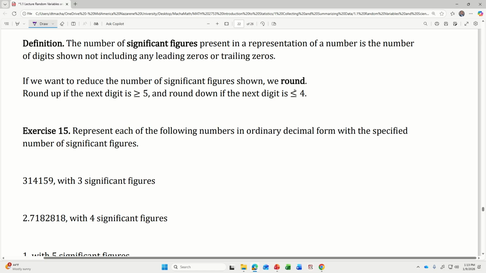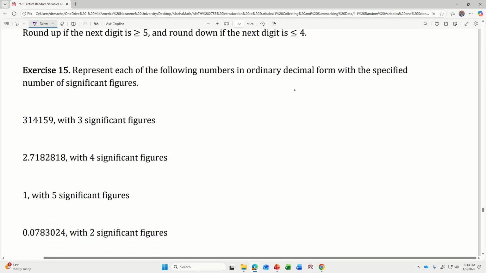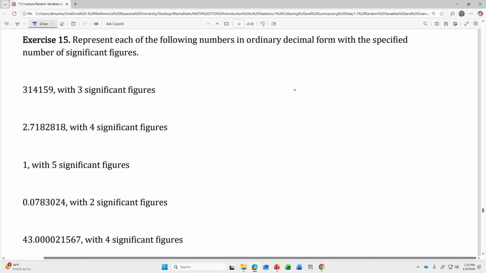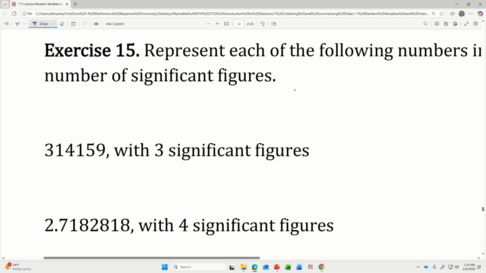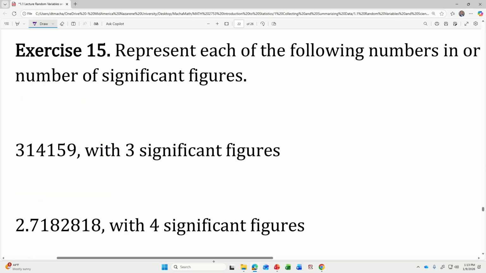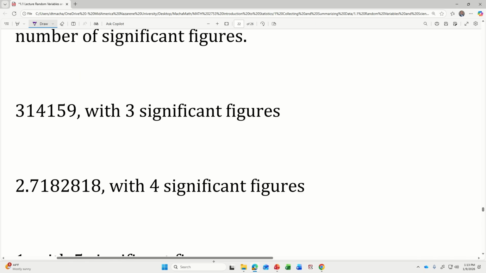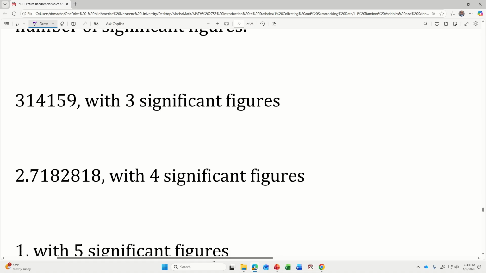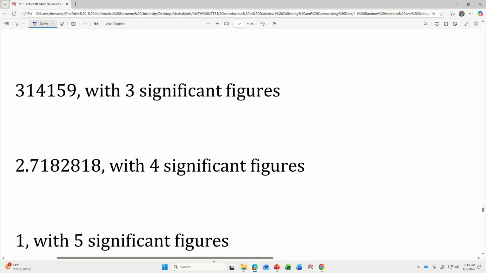Exercise 15. Represent each of the following numbers in ordinary decimal form with the specified number of significant figures. So this is not scientific notation. We're just trying to get 3 sig figs on this number here. So how do I write it? Would that just be 3, 1, 4?